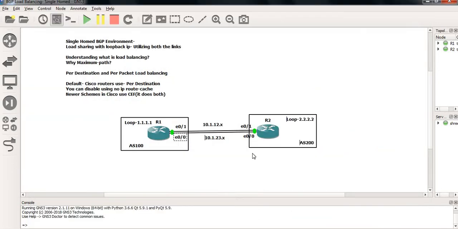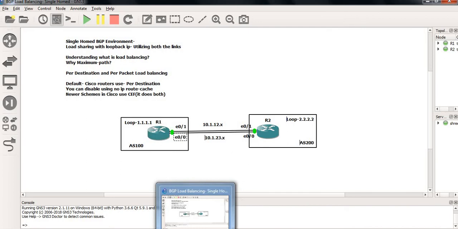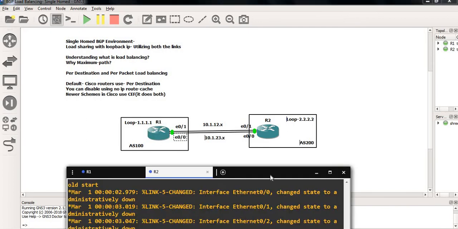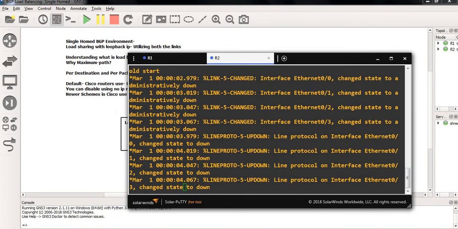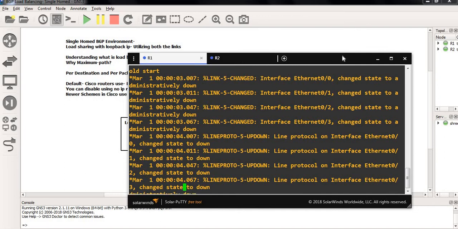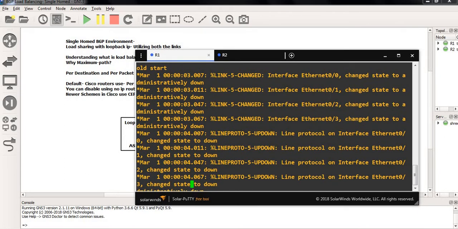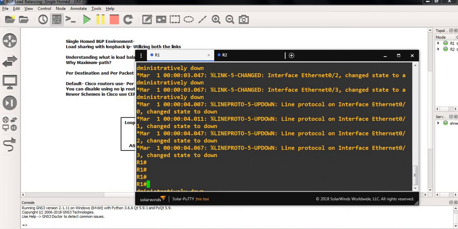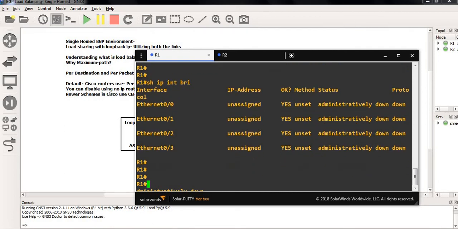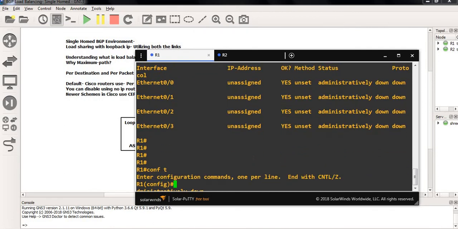Okay, so in today's topology we are going to use a simple topology and we'll discuss this. So let's jump on to router 1. Let me execute the command show ip interface brief quickly, to see if we have any IP addresses. We don't have any IP address. So I'll quickly configure the IP addresses.